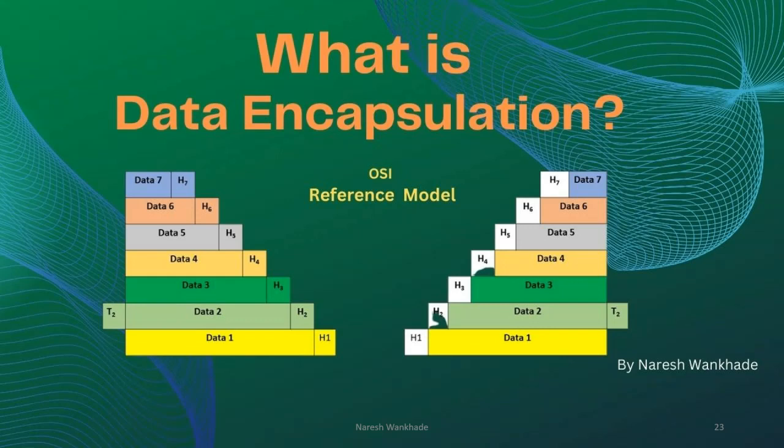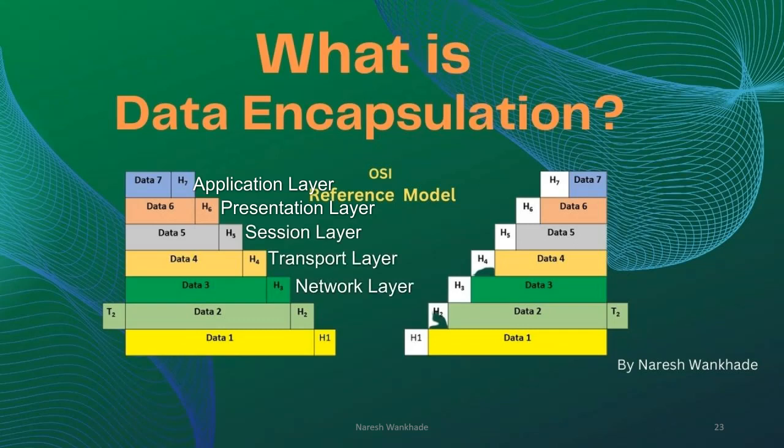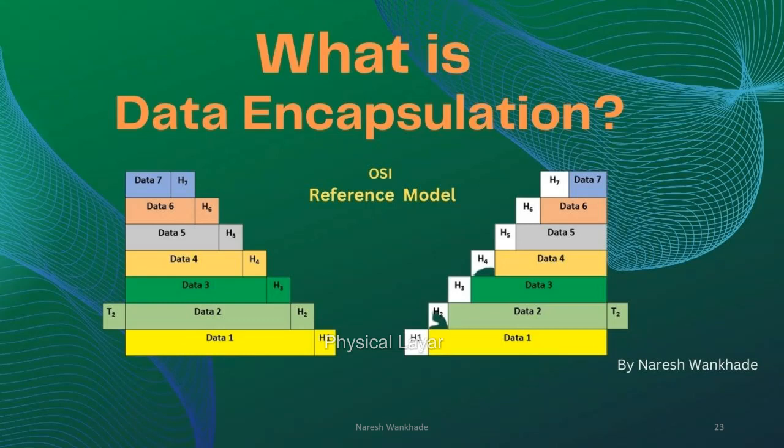Here in the OSI reference model we have seen that there are 7 layers: application layer, presentation layer, session layer, transport layer, network layer, data link layer and physical layer from top to bottom, and data associated with each layer is data 7, data 6, data 5, data 4, data 3, data 2 and data 1 from top to bottom.